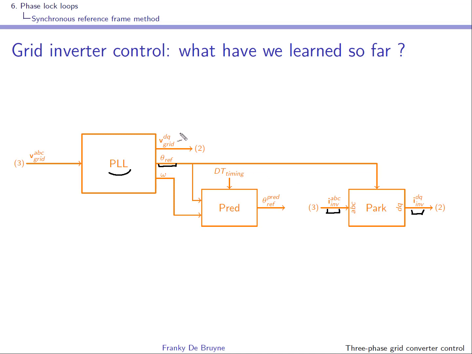We have already done that for the grid voltage, but you can also do this for the inverter currents, and therefore you have to use again this Park transformation. Remember, Park is the Clarke or Concordia transformation followed by this rotation matrix, and you'll be using, of course, the estimated reference angle.